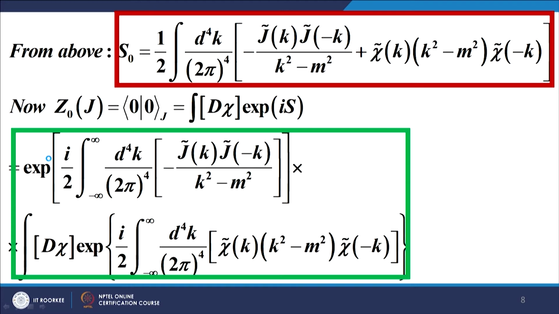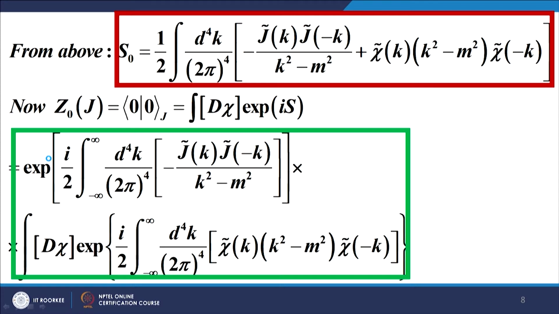Recall that the path integral element does not change due to this transformation, because it is essentially a shift in the origin. In other words, the original path integration over phi carries over to a path integral over chi.